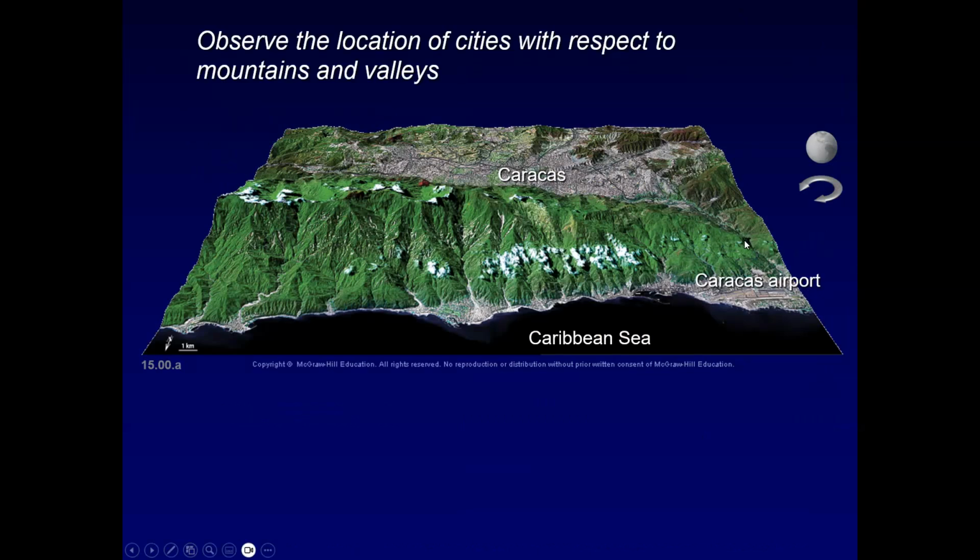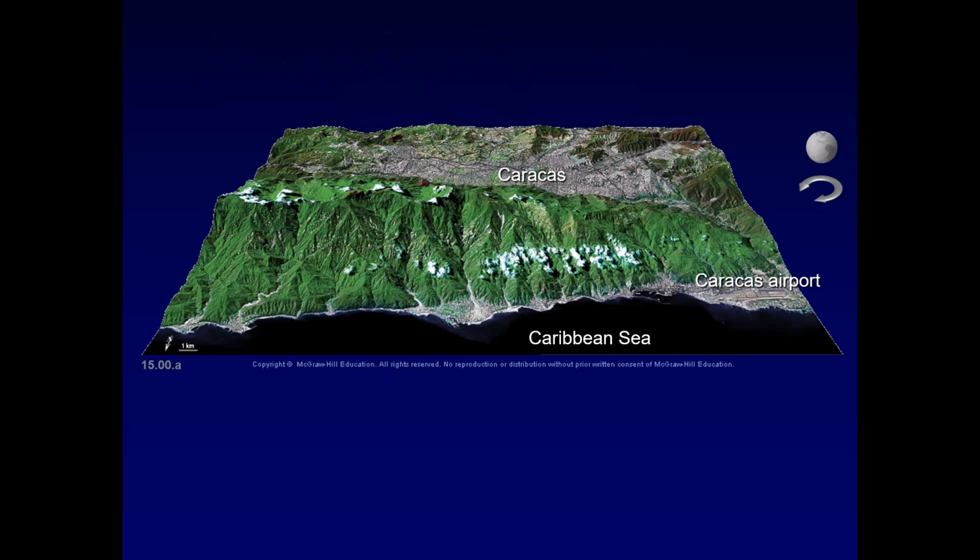All right, we'll start along the northern coast of Venezuela. It's a perspective from satellite data. We're looking at Caracas with respect to mountains and valleys. In this region we have scars left by landslides.